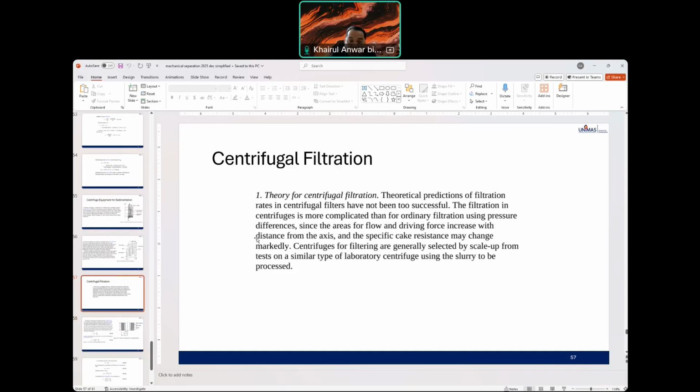Filtration in a centrifuge is more complicated than filtration using pressure differences, since the area for flow and the driving force increase with distance from the axis, so specific cake resistance may change markedly. Centrifuges for filtering are generally selected by scale up from tests on a similar type of laboratory centrifuge using the slurry to be processed.